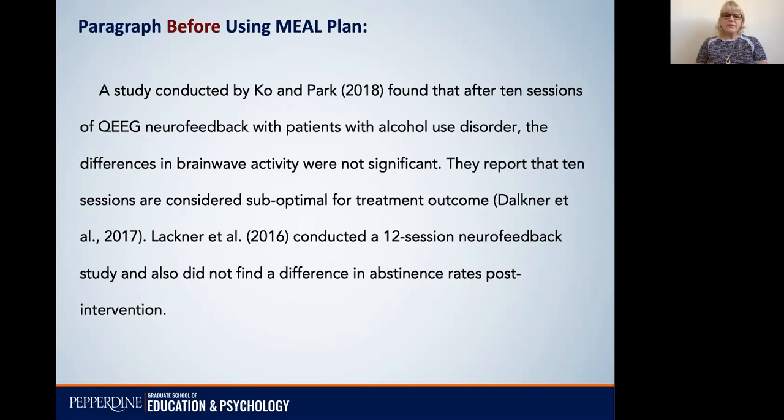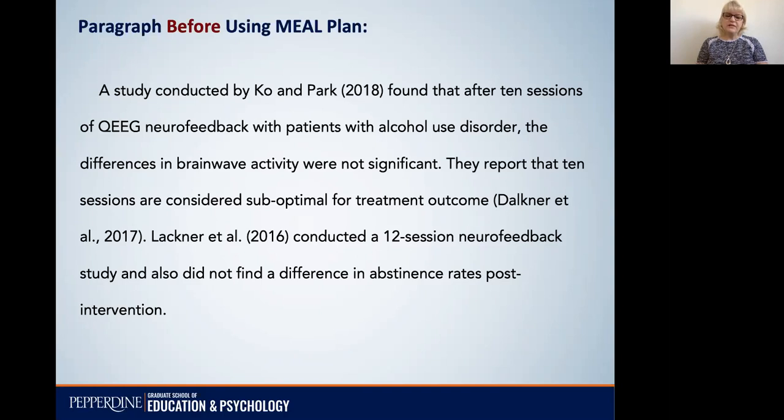So here's an example of a really nicely researched paragraph, but it lacked the meal plan. So we'll see, it's just a different feel in each example. This one does not use that strategy. A study conducted by Cohen Park found that after 10 sessions of EEG neurofeedback with patients with alcohol use disorder, the differences in brainwave activity were not significant.